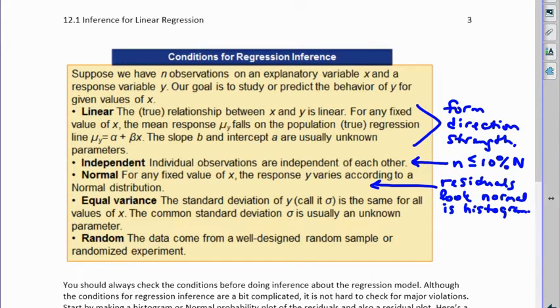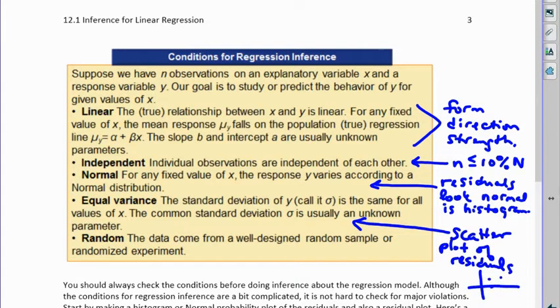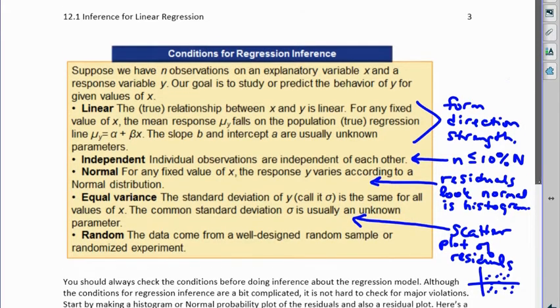And then equal variance: remember that scatter plot of the residuals, we're going to want to see a chance scatter of the residuals. Remember, it's not systematically under or over predicting.